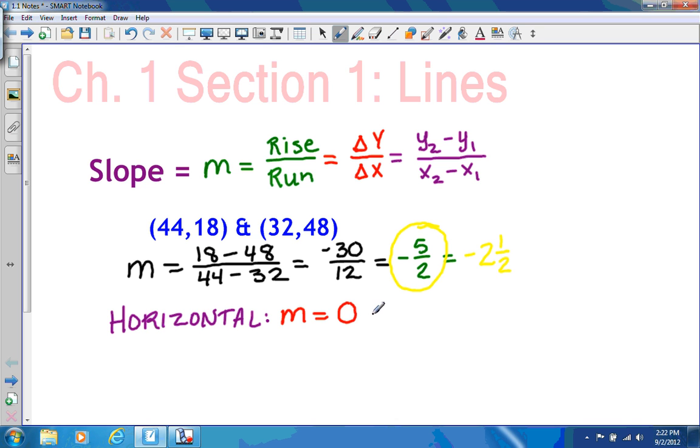And if you were trying to calculate it using some coordinates, you would have a value of 0 on the top and some other number here. Which means that in order to get 0 in the numerator, your y values must be the same.